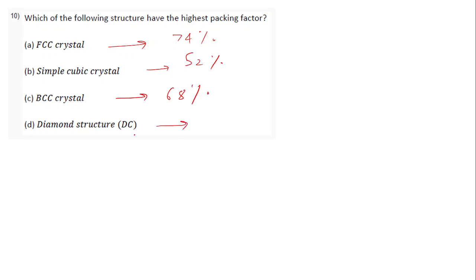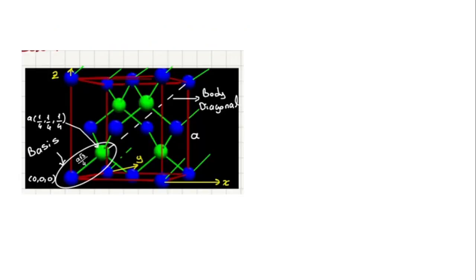And for diamond structure, although we had not discussed it, it's a little different from the FCC, BCC and simple cubic we discussed. We have a cubic crystal where in the diamond we have carbon atoms at the 8 corners. You can see these 4 at the top, 4 at the bottom. But we also have atoms at the half distance, and then the position is here also.